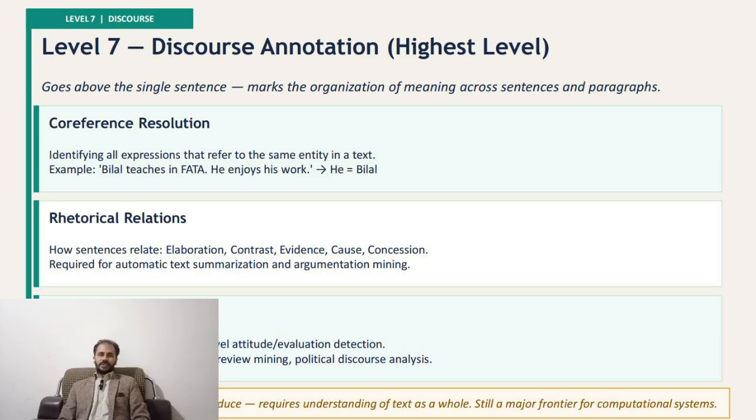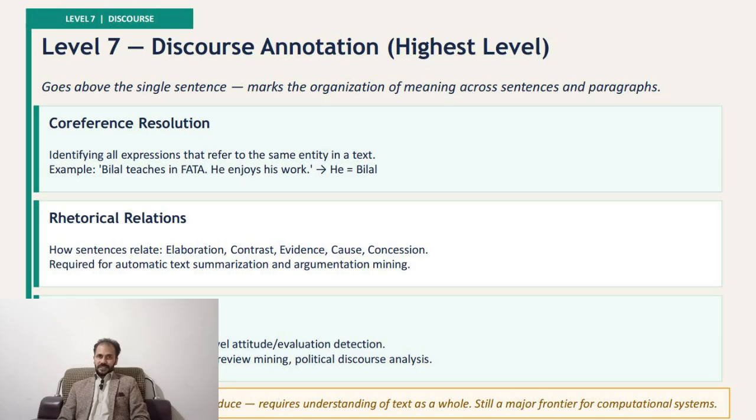Level 7, discourse annotation. The highest level of annotation goes above the individual sentence to mark discourse level structures, the organization of meaning across sentences and paragraphs. Discourse annotation includes marking reference chains, identifying all the expressions that refer to the same entity, and rhetorical relations between sentences.